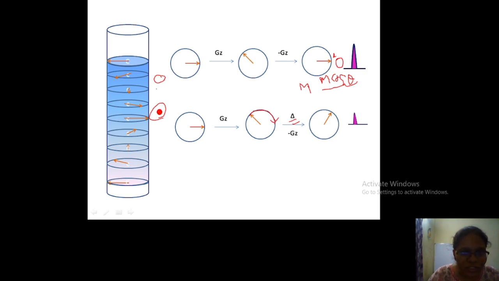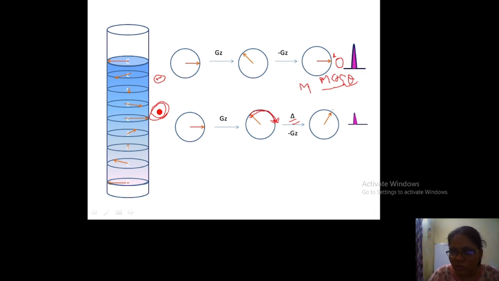But during the first gradient, this molecule was present here, and when you provided the delay time, it diffused through this distance. Now this molecule will not experience the same magnetic field. Therefore, complete rephasing of this magnetization vector is not possible. So there will be a certain rephasing of the vector, but not complete.